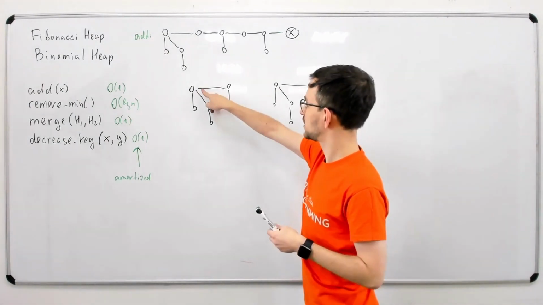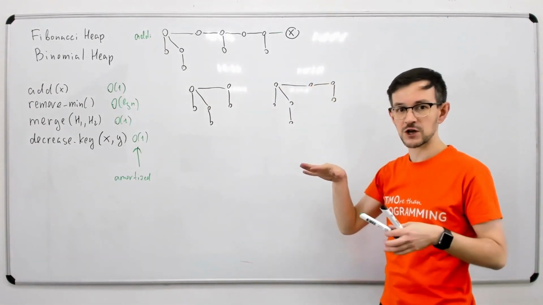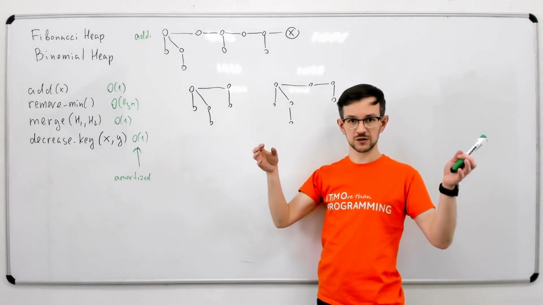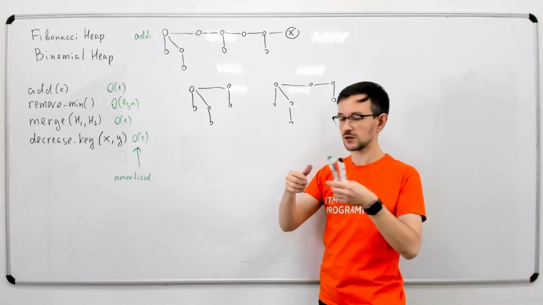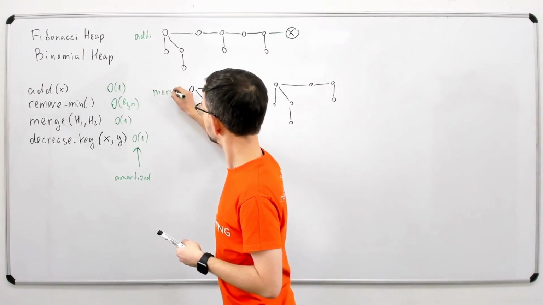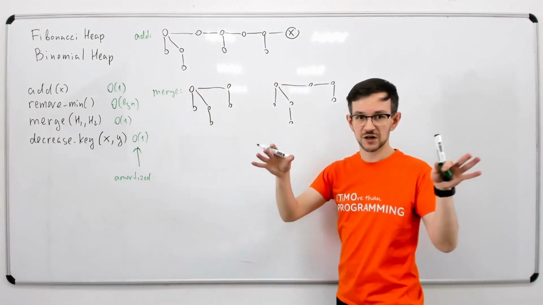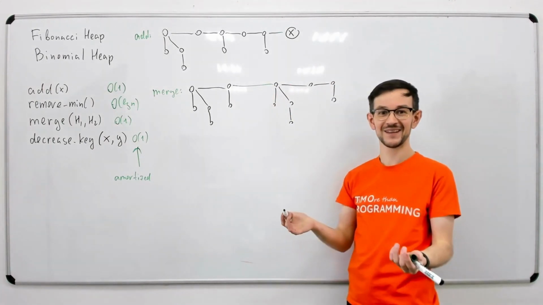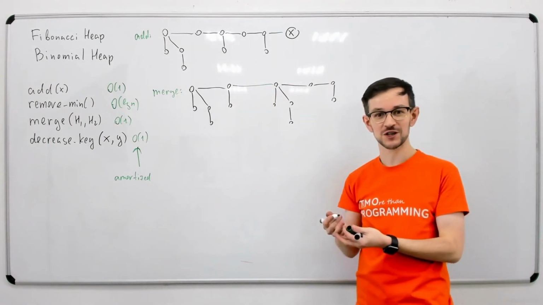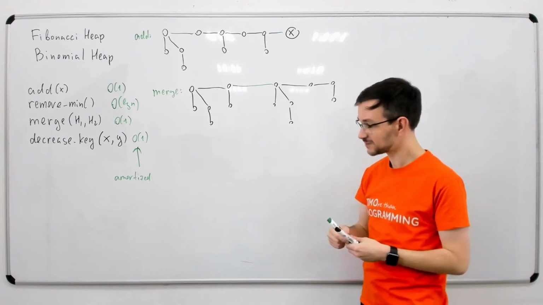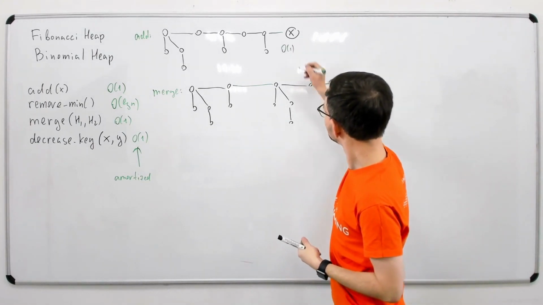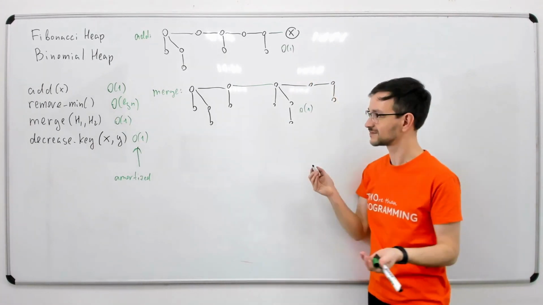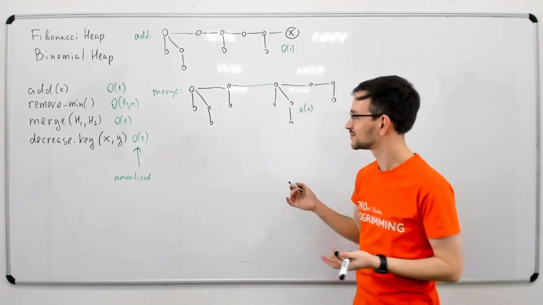So if you maintain each Fibonacci heap as a linked list of all these trees, then you can just concatenate these two lists. That's all. That's how you merge two Fibonacci heaps in constant time. Isn't that cool?